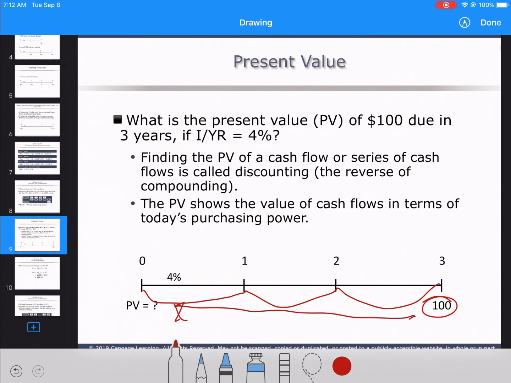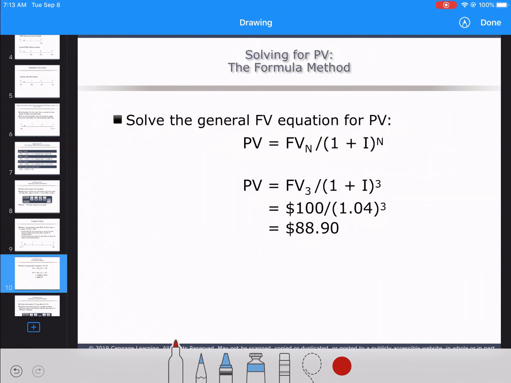So those are 3 discountings. So N should be 3. So in a lump sum, present value of a lump sum or future value of a lump sum that we had been dealing with, N represents number of compounding or discounting. So if you apply the formula, just like future value, you get 88.90. So obviously money at a distance is worth less.